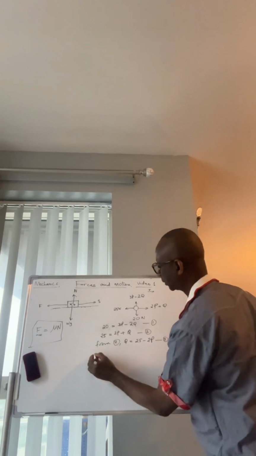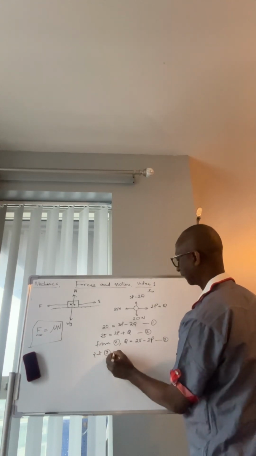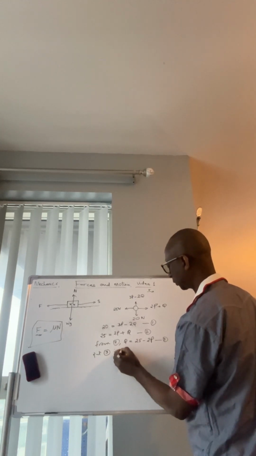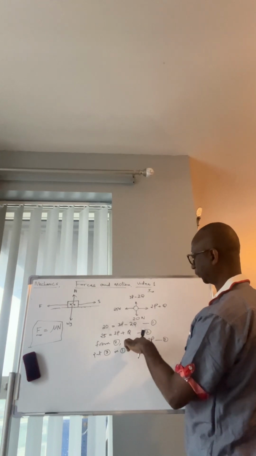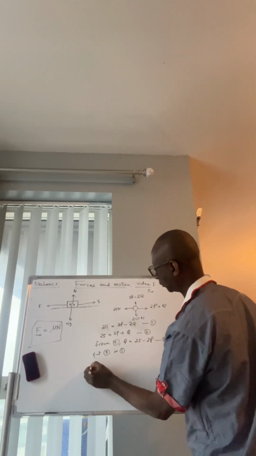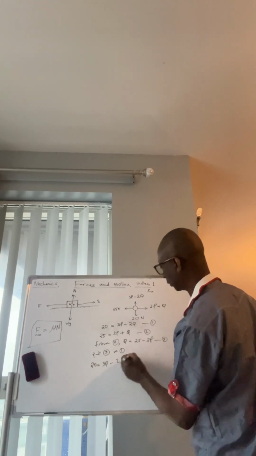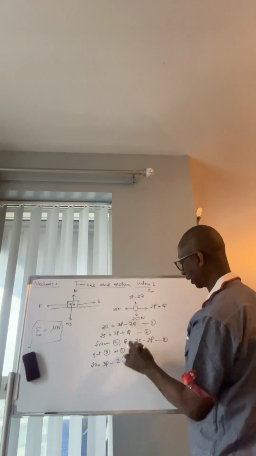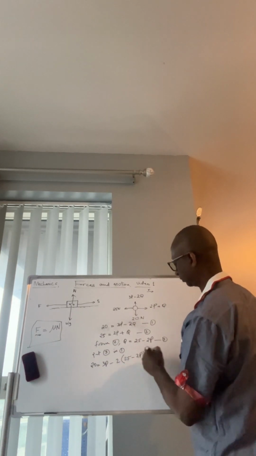Now put equation 3 in equation 1. We are now putting this q in equation 1. So what do you get? Equation 1, you have 20 equals 3p minus 2q. But instead of q now, we have 25 minus 2p. And then let's solve.